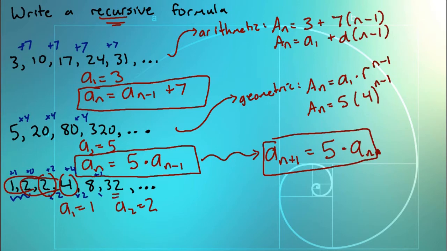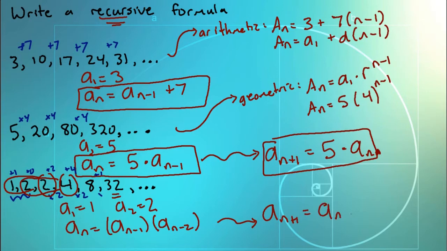Well, 4 times 8. So a sub n equals the previous term times the term before that one, 2 terms back. Another way to write that would be a sub n plus 1 equals the current term times the term before it. So both of these answers would be correct.